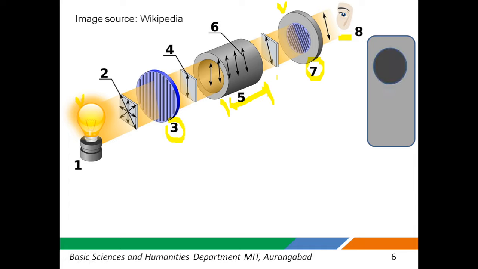So the situation will be that complete darkness or complete brightness will be there, and the observer has to record this. These are the two positions he will be able to see.